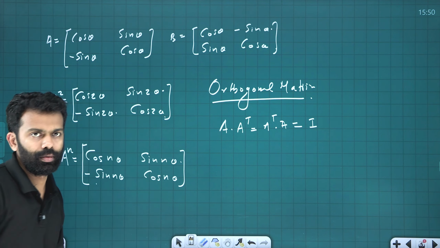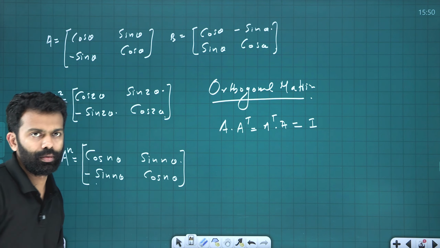And before that, my question is, could you express the elements in terms of cos and sine, just like in this matrix? Yes, right? Because this is cos 30, this is sine 30, minus sine 30, cos 30. Therefore, I am rewriting it.